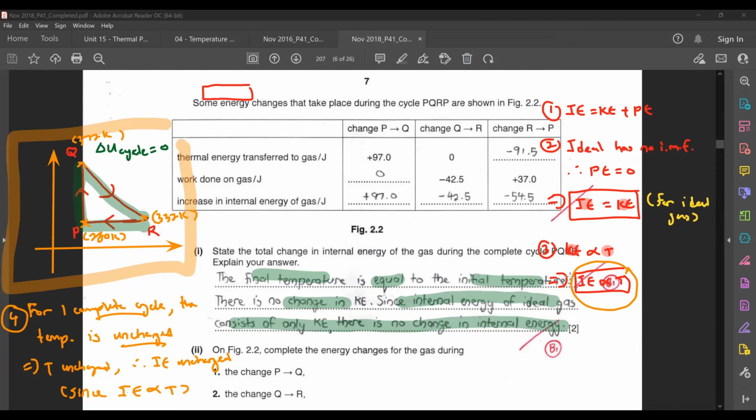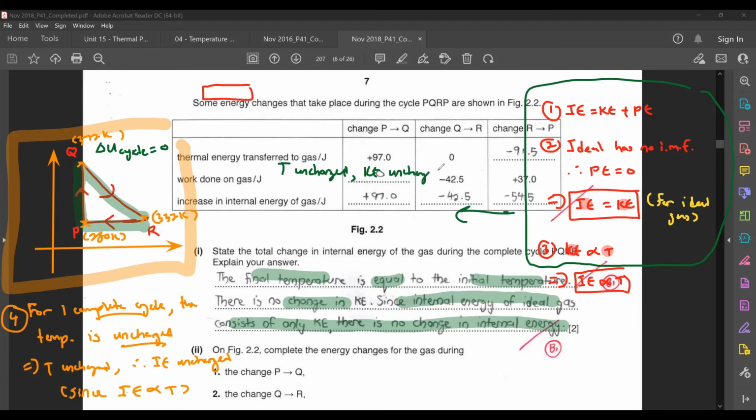I explained it like that, but it doesn't seem that my question explained it. This one is based on this. Okay, so T unchanged, KE unchanged. Therefore, IE unchanged. Okay, right. So I explained it in a different way than what the answer is writing.